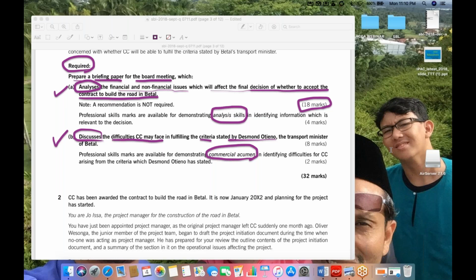And remember, in answering SBL, by now you should know what technical knowledge you are supposed to be acquiring from day one.